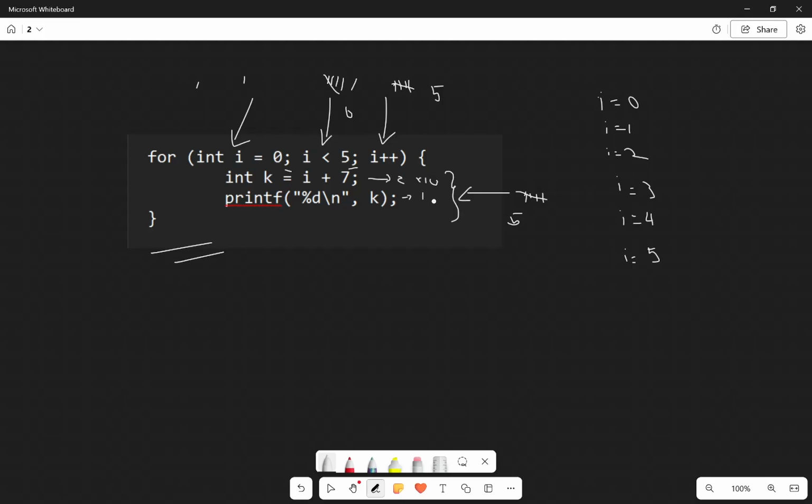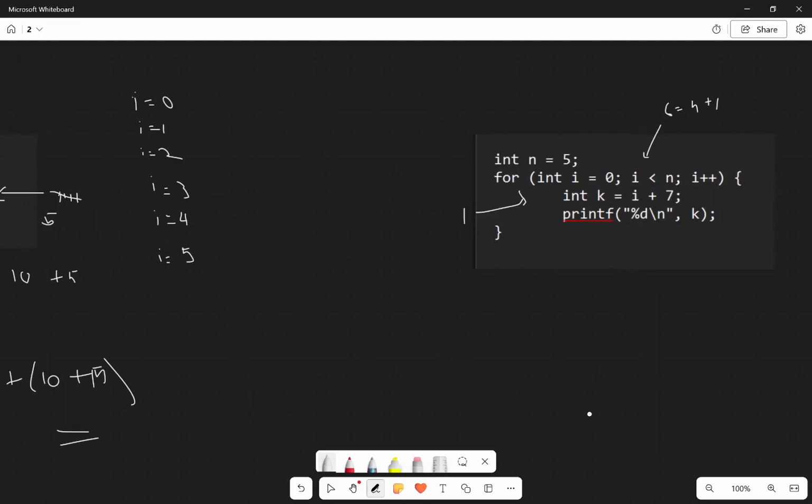Within body, there are 3. This one got executed 5 times. So the number of steps within the body was 10 plus 5. So the overall value should be Fn is 1 plus 6 plus 5 plus body, which is 10 plus 15. You guys can sum it up. I'm not going to do it.